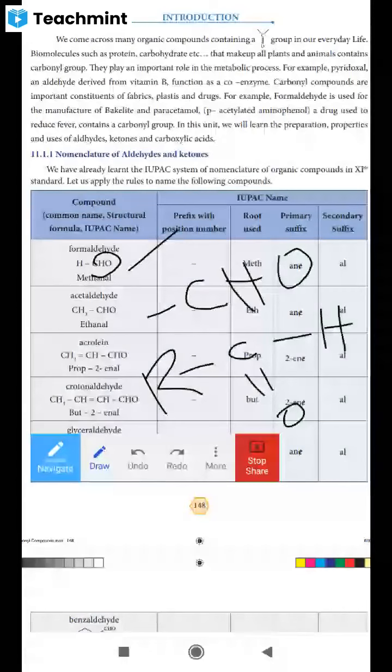From the alkane, we should remove one hydrogen. Yes, very good. So we have to remove one hydrogen from alkane, then you will get alkyl.